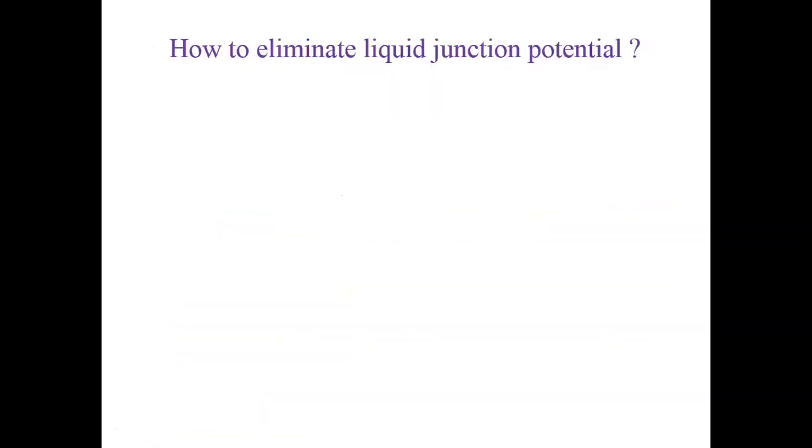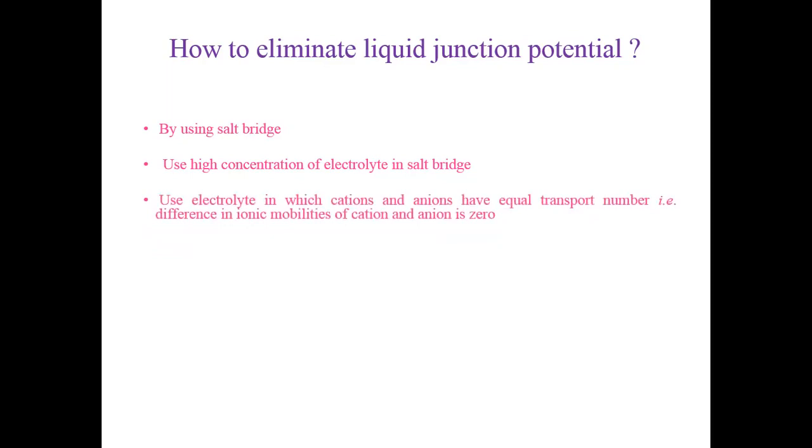So how to eliminate this liquid junction potential? We can use a salt bridge, and in the salt bridge, we can have an electrolyte which is highly concentrated, usually 4 molar or 5 molar of KCl or KNO3. And there is one more restriction: the ions which form the electrolyte in the salt bridge should have very similar ionic mobility or similar transport number.